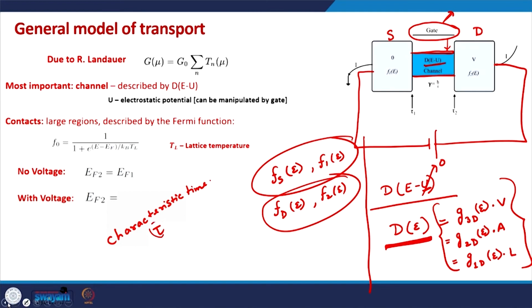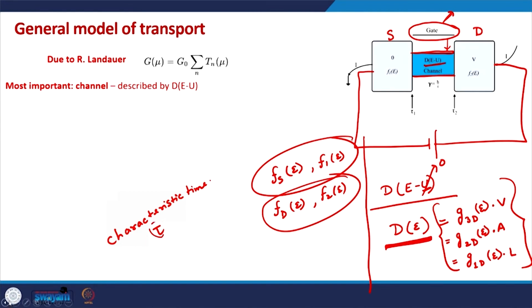The way to define the characteristic time of a contact with respect to the channel is, it is the time that an electron will take from that contact to go through the device. So, for example, if we are just considering the source contact and the channel.